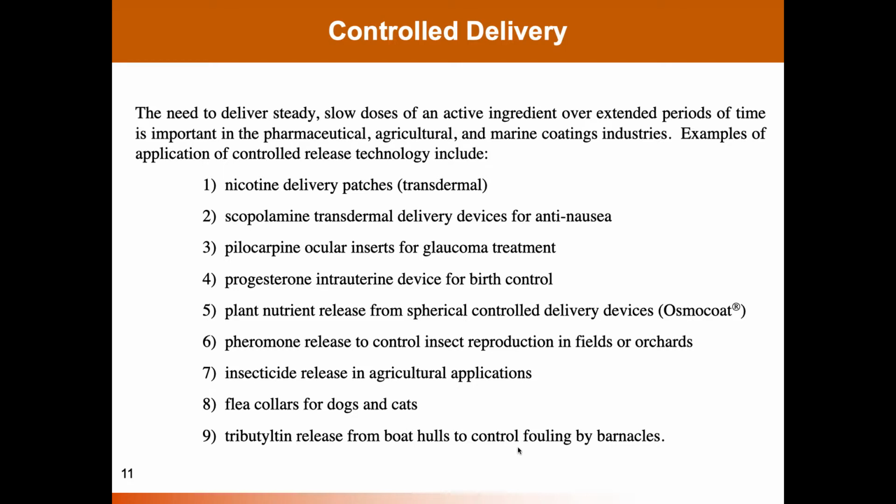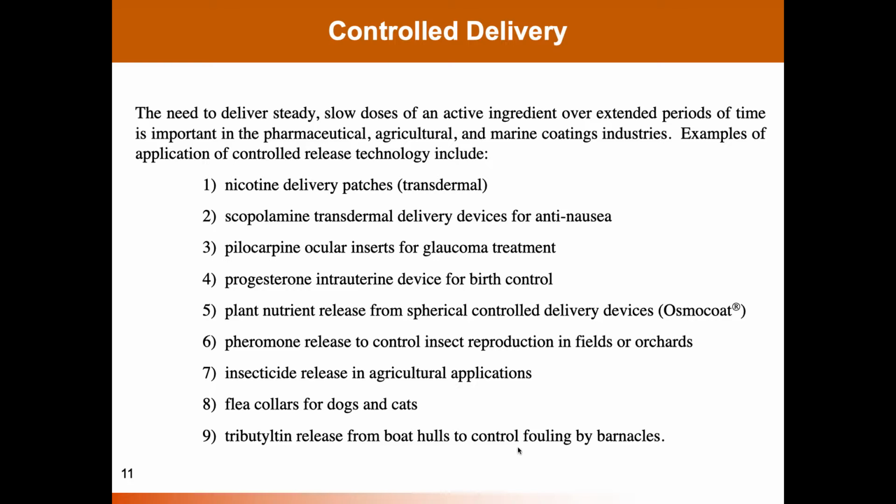If you have glaucoma, there's a patch for that. Birth control, there's a variety of devices that are based on controlled drug delivery. Those are some of the earliest controlled drug delivery applications.